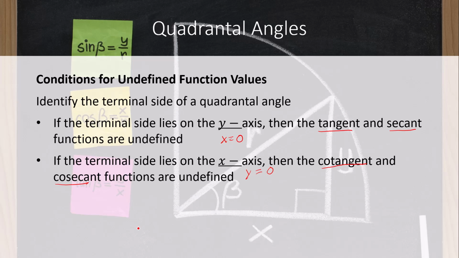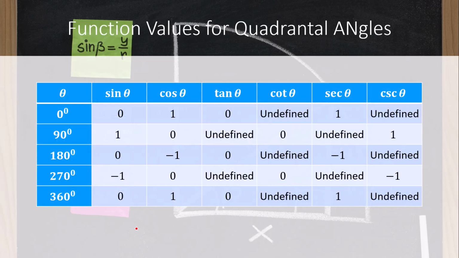We can also summarize all the values for every quadrantal angle by this particular table. Notice that for every single angle, there are 2 functions where division by 0 occurs, and they'll be undefined. Now, even though I provided you with this table, I don't want you to memorize it.